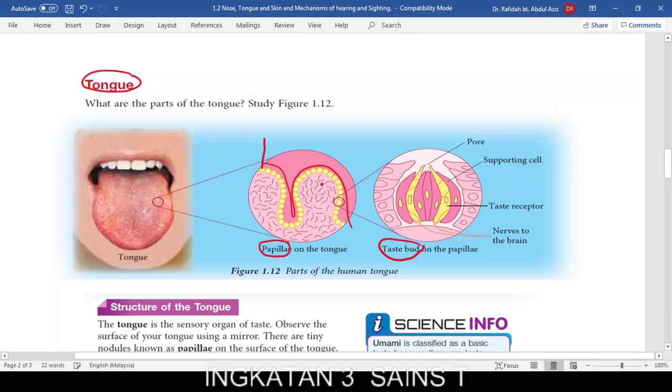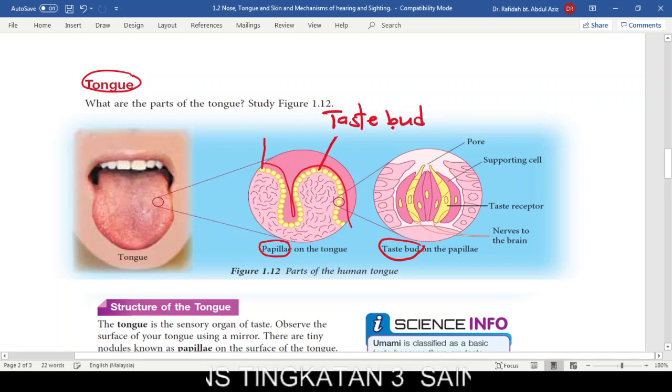So every small circle colored yellow that covers the surface of the papillae is called a taste bud. Inside the taste bud is enlarged here.